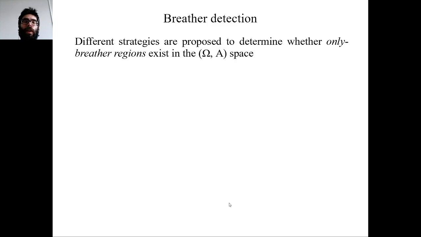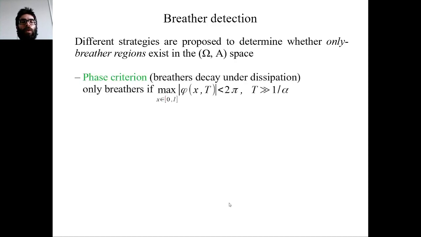In order to explore our approach, we need to be able to tell whether only breathers are generated for a specific frequency amplitude combination. To do so, we developed several breather detection criteria. The first one, we call it the phase criterion, is based on the idea that breathers decay under dissipation while kinks remain stable.